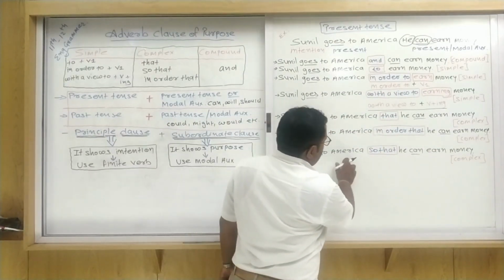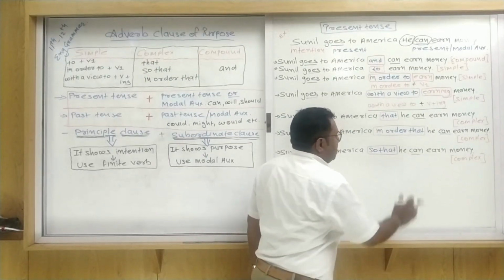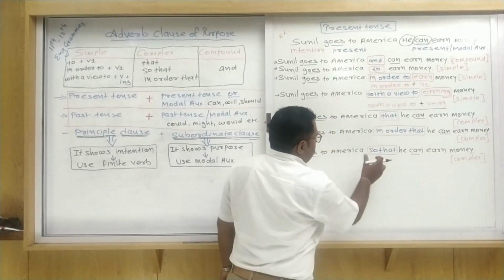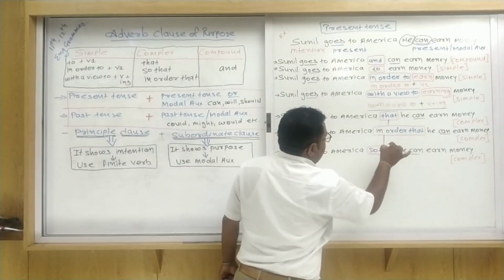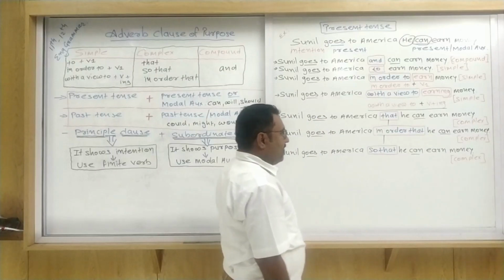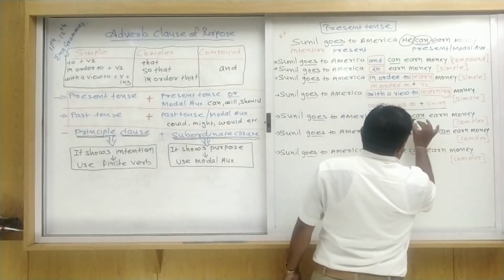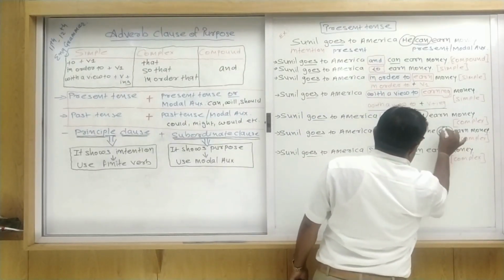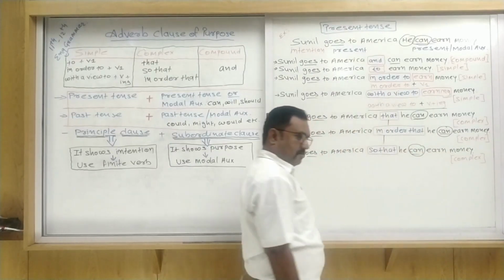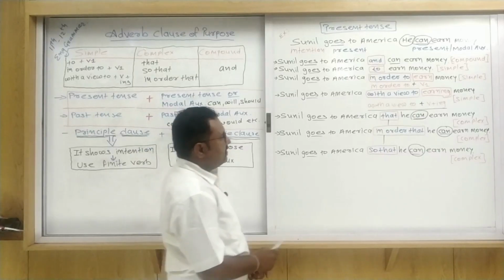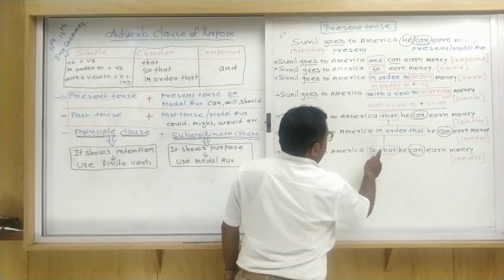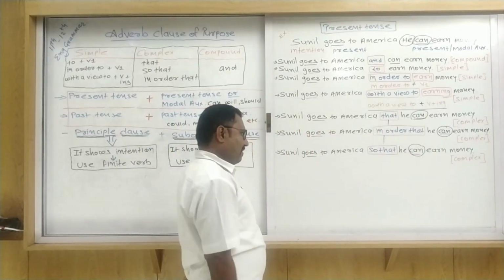Sunil goes to America so that he can earn money. So in a complex sentence, that, in order that and so that have the same structure. So do not worry about that. The same structure is given for that, in order that and so that.